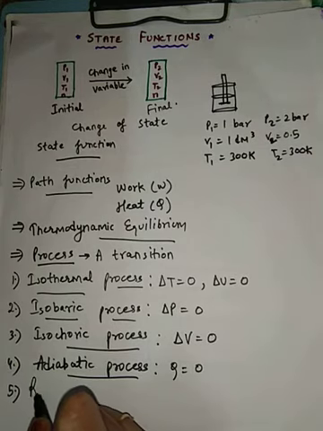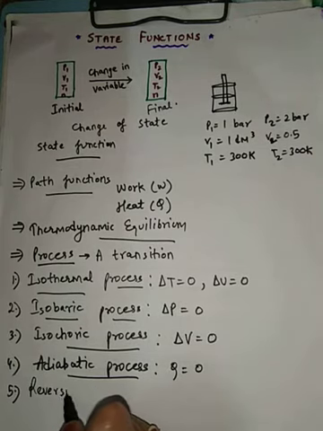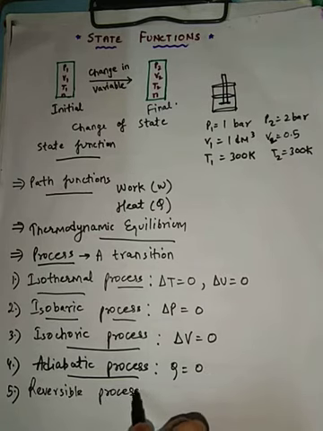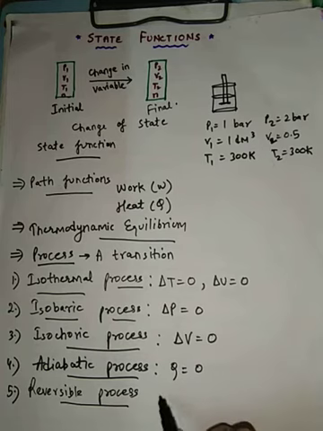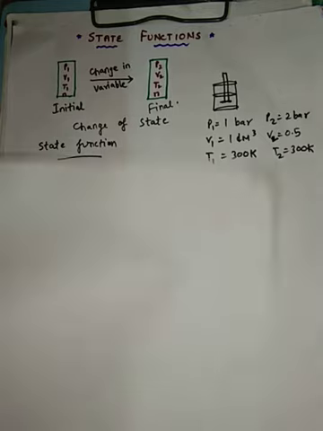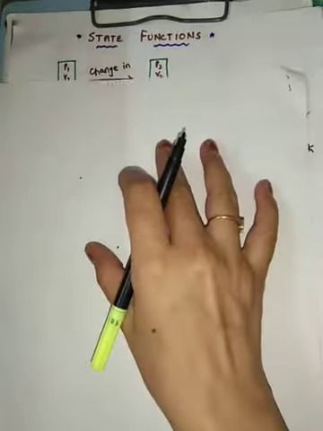Last, we come to reversible process. You know, reversible process is that which is shown by this double-headed arrow, right? Now in the reversible process, again we consider a system with a gas enclosed.